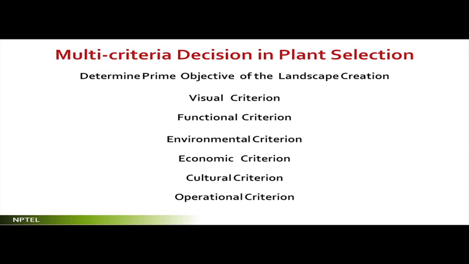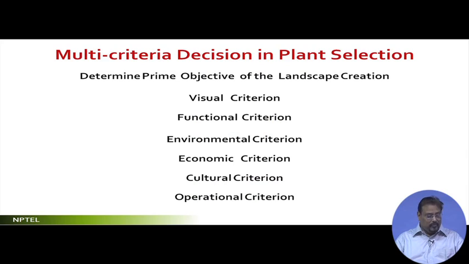Hello, taking cue from my last lecture where I have put a set of criteria, recall that, and now we start discussing them individually. Mind it, I have not listed them here in the order of priority. It is priority that you, the designer, will decide.